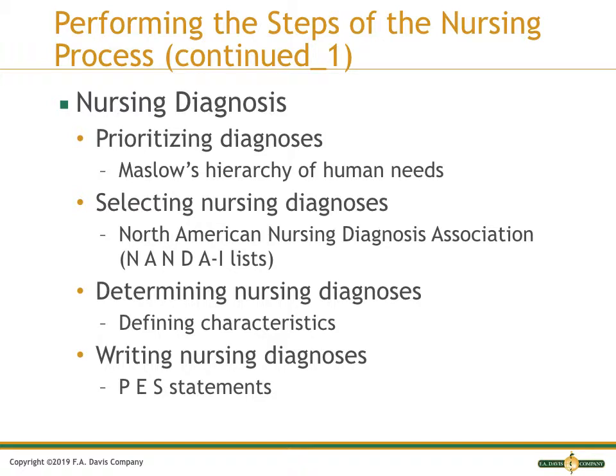Etiology is the causative factor, and it's connected to the diagnostic label by the words related to. So your problem statement is ineffective airway clearance. And to connect the problem to the etiology, you're going to say ineffective airway clearance related to, and whatever signs and symptoms correlate with that nursing diagnosis.